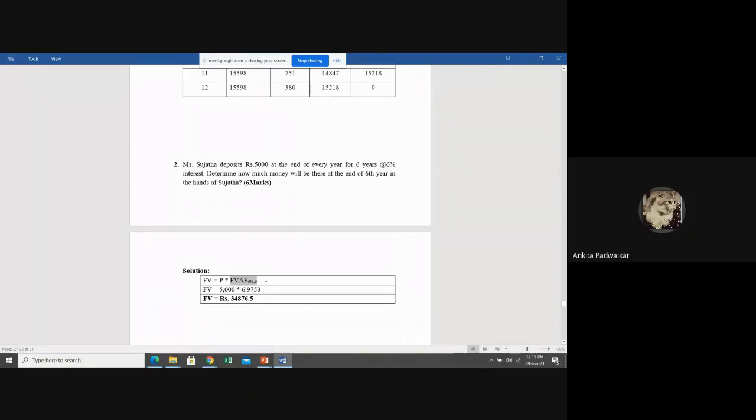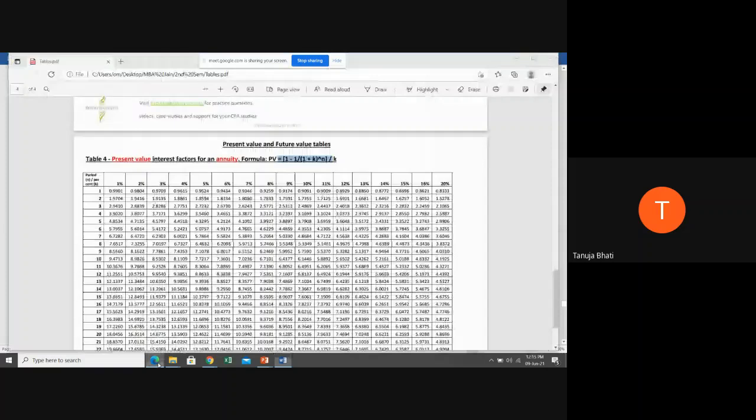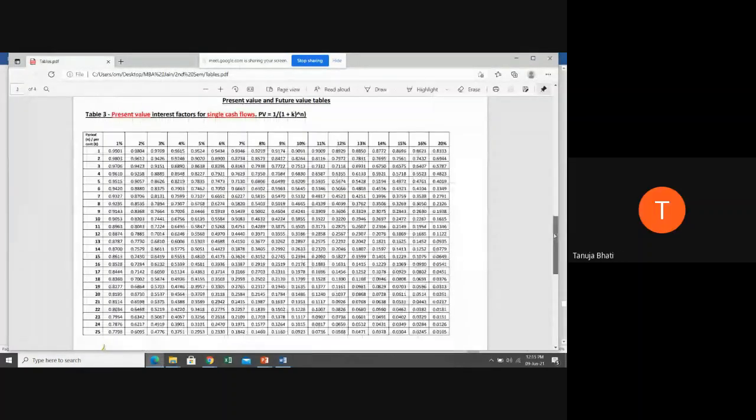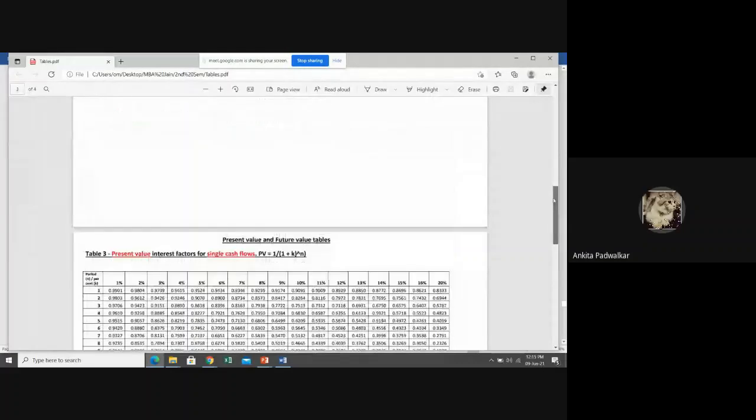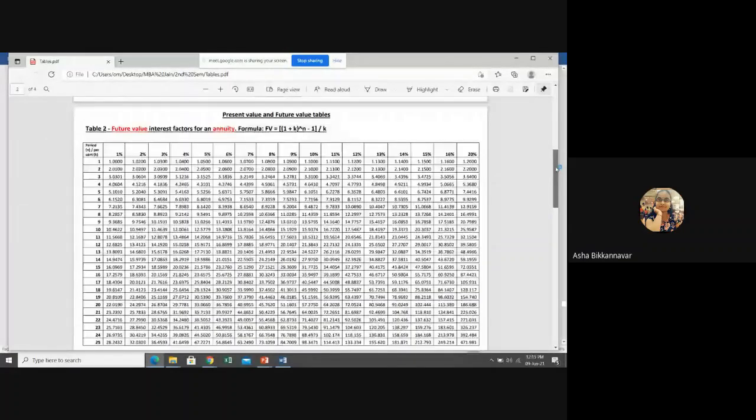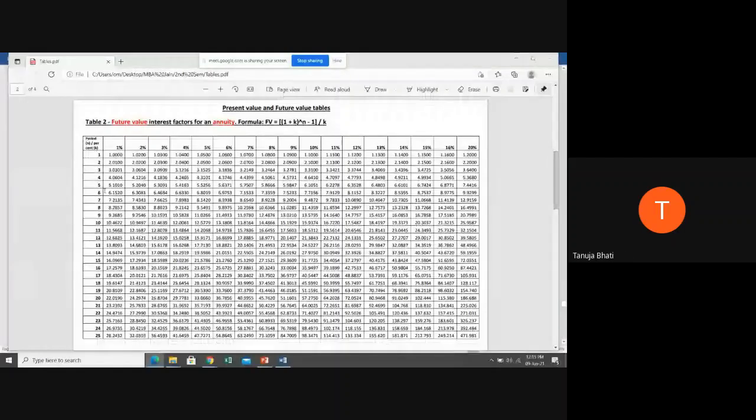Table can be used, and in case you don't want to use a table, you use the formula, no issues. So 6% for 6 years. Which particular table are you going to refer? Table number 2.